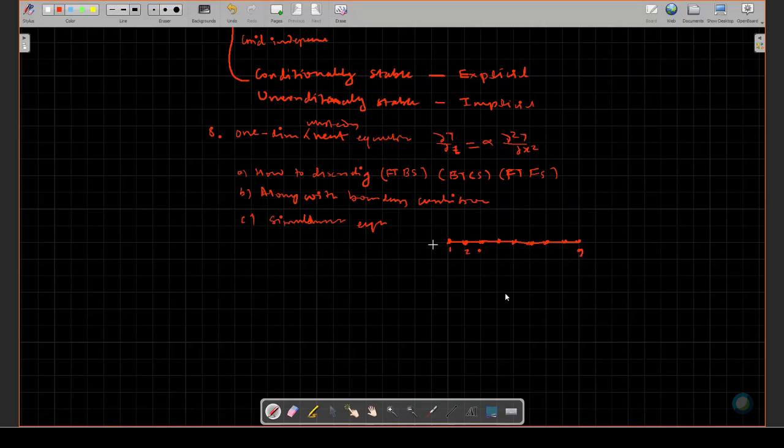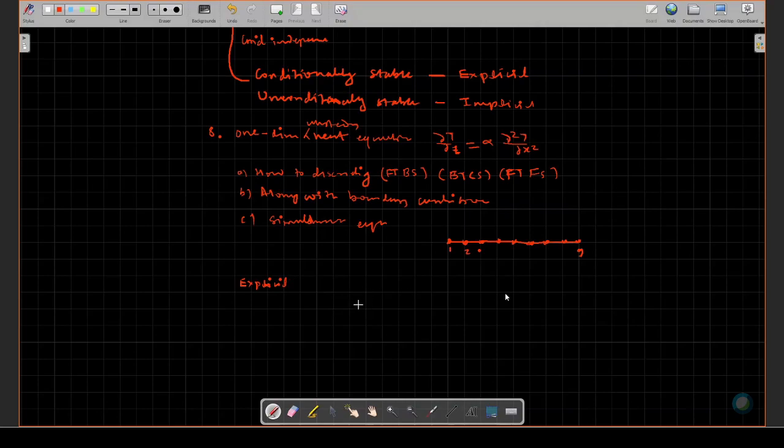Now these 9 simultaneous equations, if it is an explicit scheme, then we have to simply keep on calculating.